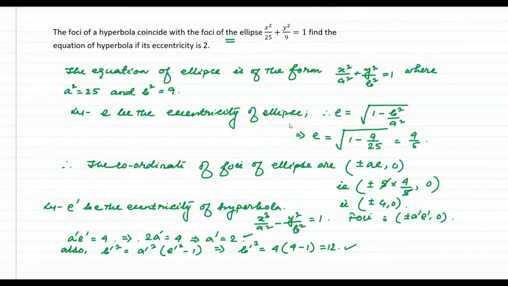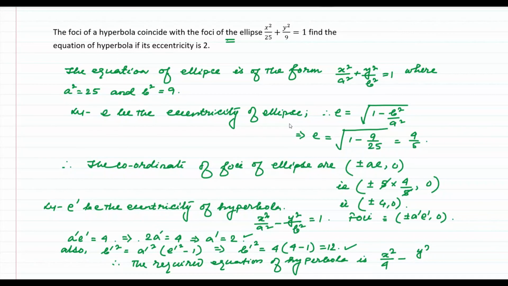Therefore the required equation of hyperbola is x square by a square, a square means 4, minus y square by b square, b square means 12, equals 1. We are just putting the values of a prime and b prime over here.